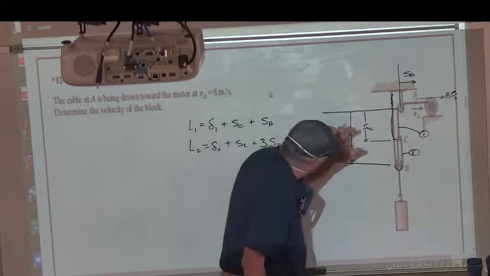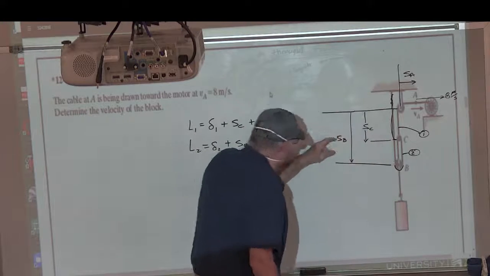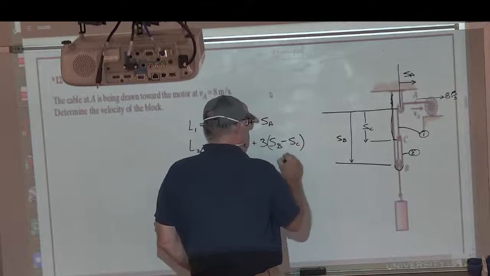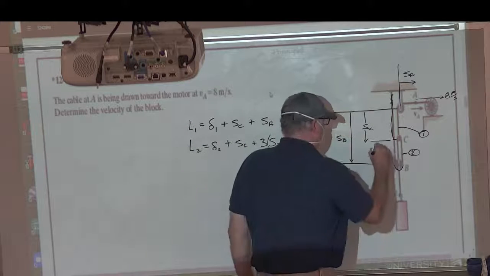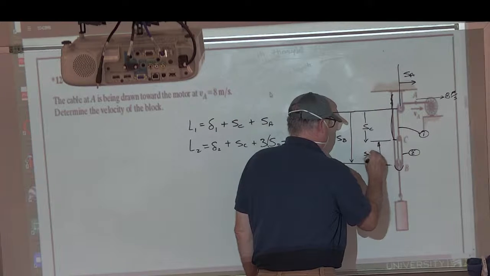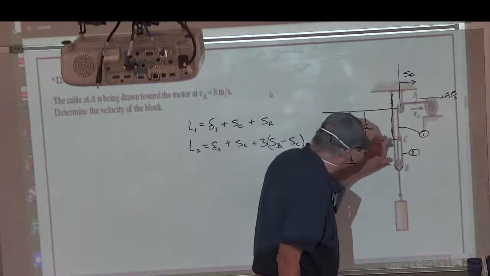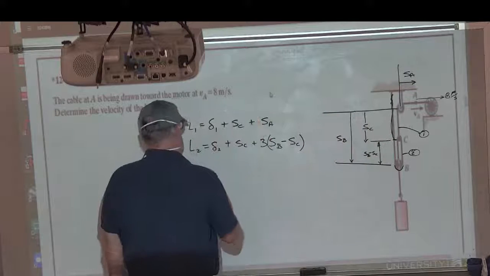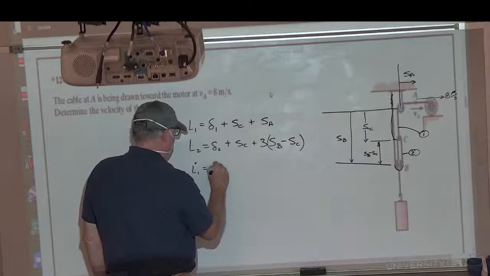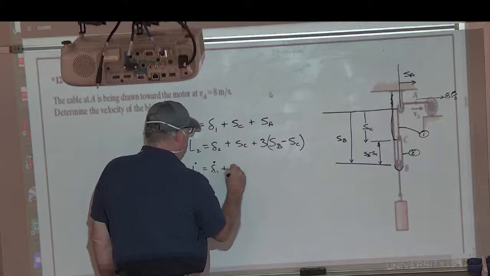But what is that distance? That is SB minus SC. Again, this distance is SB minus SC, 1, 2, 3 of them, and you've got that. Take a derivative, and you get this.